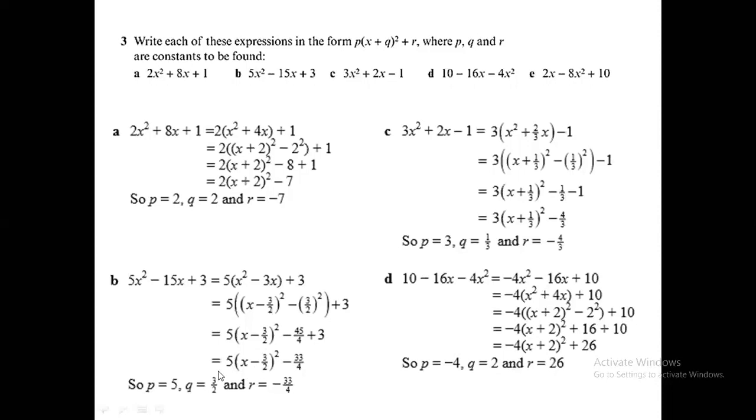This is not just 3/2, there should be a minus here. And the r value should be minus 33/4. That is how it comes.